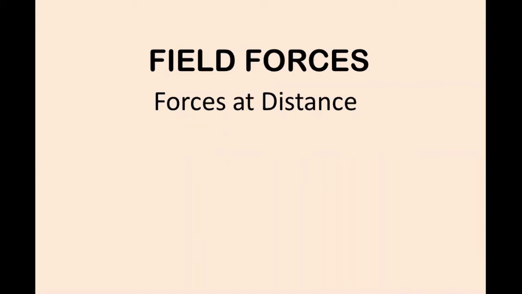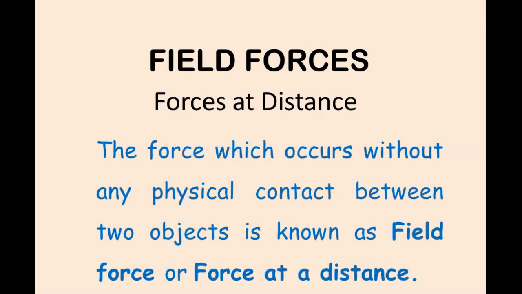These are also called forces at a distance. The force which occurs without any physical contact between two objects is known as field force or force at a distance. It means the force will be there between the objects even though they are not in contact.